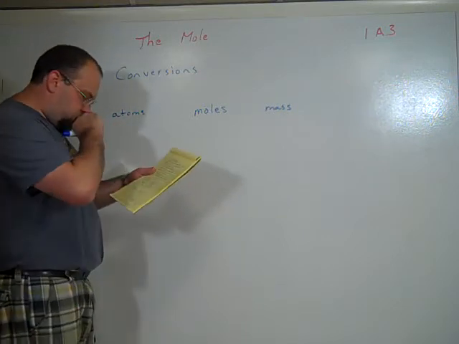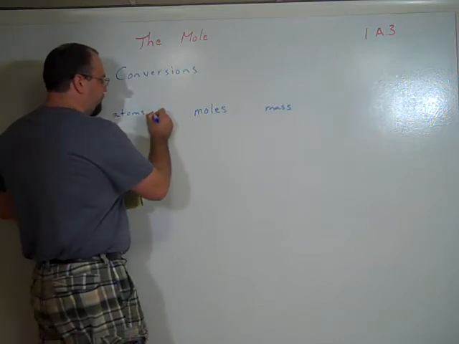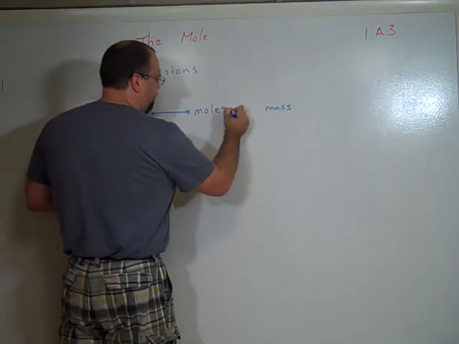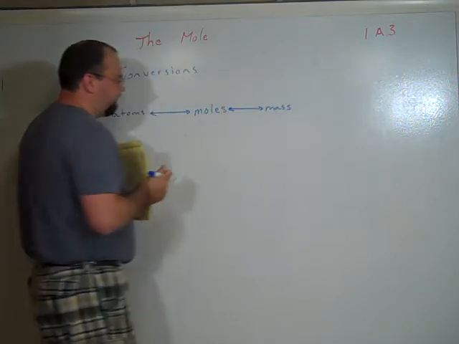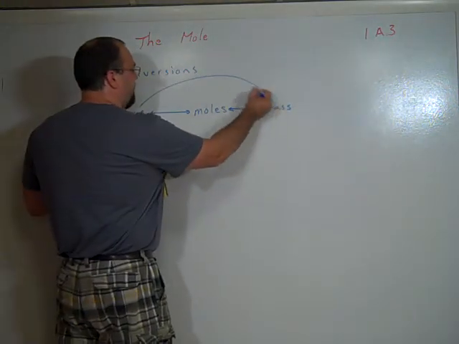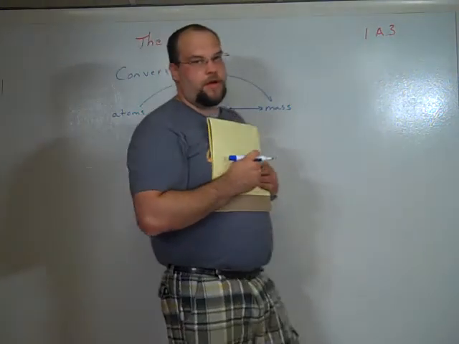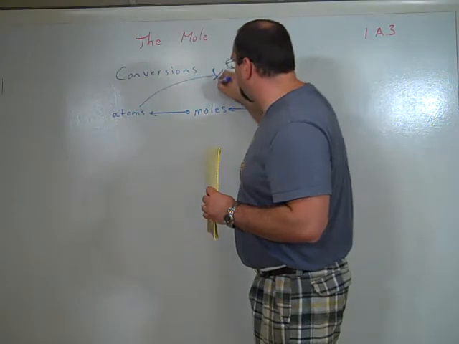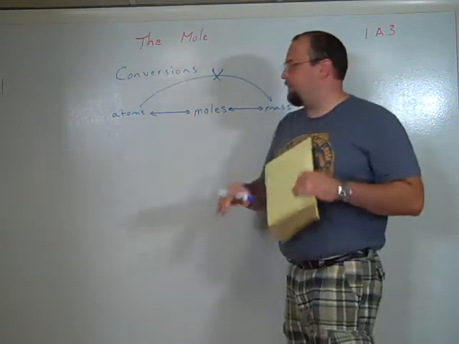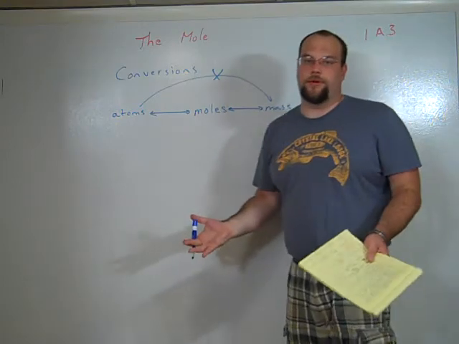Now we can convert between atoms and moles, and we can convert between moles and grams. But we can never jump straight from atoms to grams. That's not possible. That's impossible. Cannot do it. We have to go through moles, and that's why moles are important.